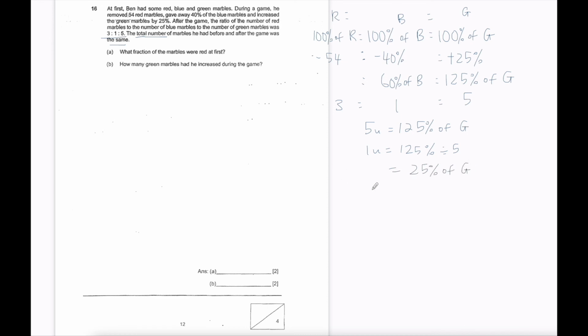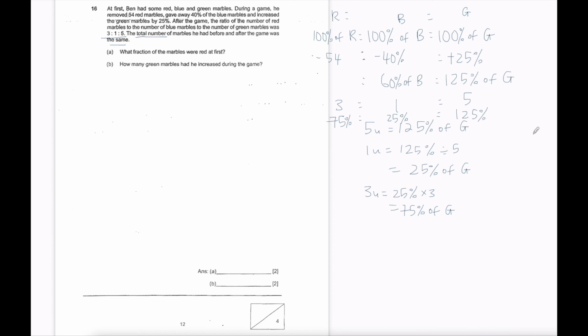Okay, and this also means that 3 units equals to 25% times 3, which is 75% of green. So what I'm doing here is I'm comparing it all with the percentage of green. Okay, so my red, blue, and green became 75% is to 25% is to 125%. Okay, they're all of green.